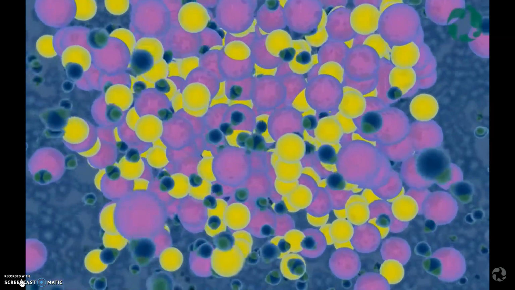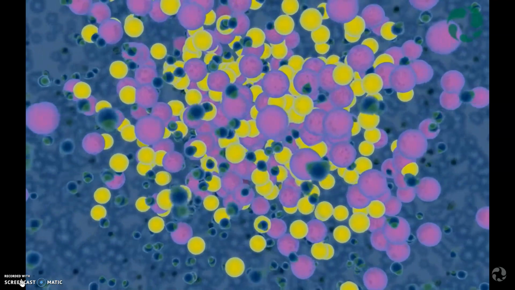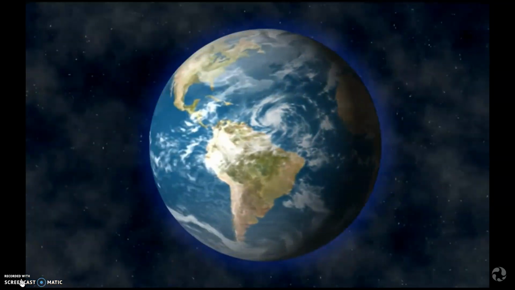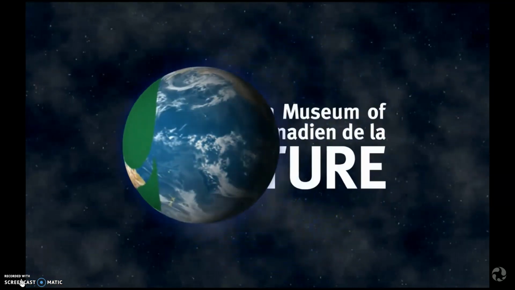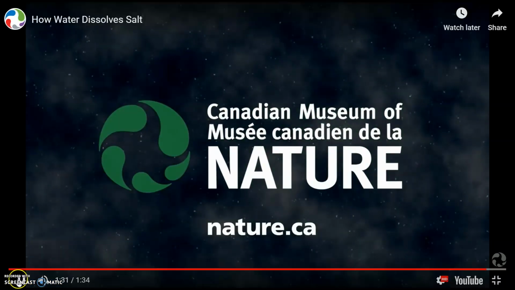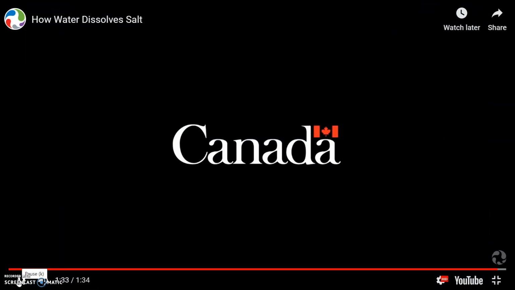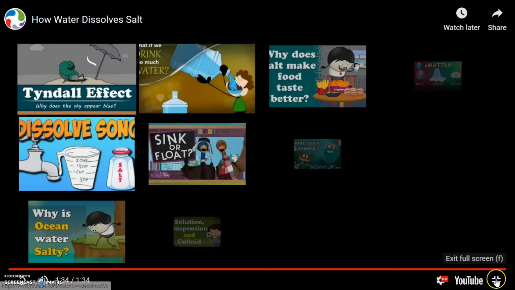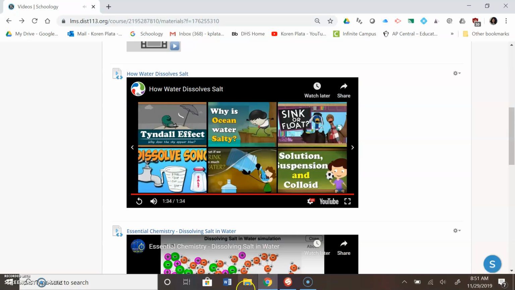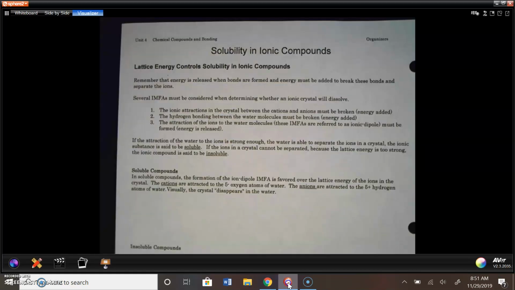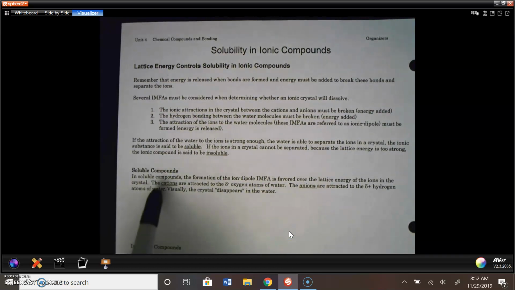Water molecules are going to constantly come into contact with the ions and start pulling them apart, and this is happening because the lattice energy of the crystal is weaker than the attractive forces of the water and the salt. So you have a case where that substance is considered soluble.